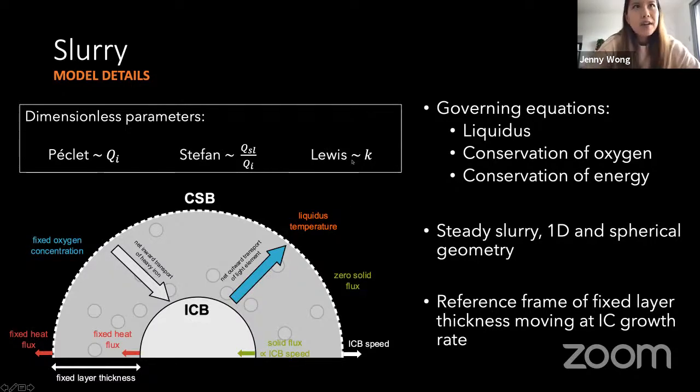And then also I vary the Lewis number, which is basically changing the thermal conductivity of the system, because there's two different groups: one believes that the thermal conductivity of the core is quite low, something around 30 watts per meter per Kelvin. And then there's another group that believes it's quite high, on the order of 100 watts per meter per Kelvin. So I'm just going to look at those two end member cases.